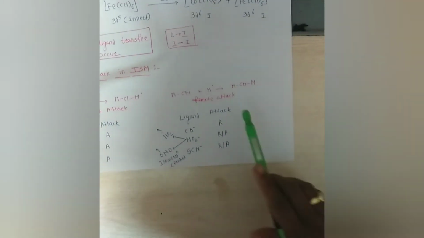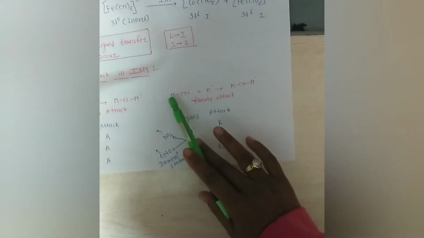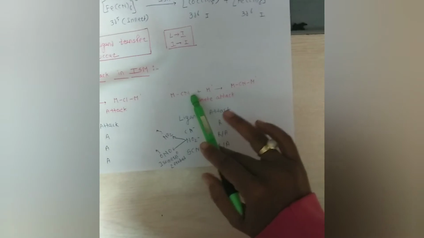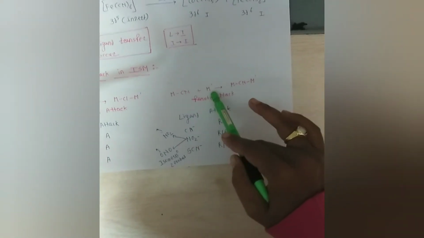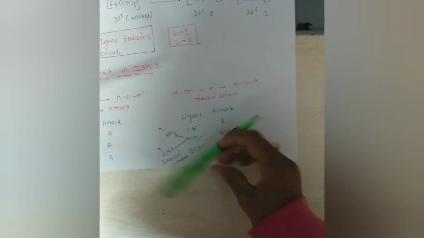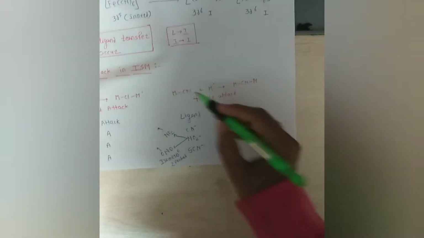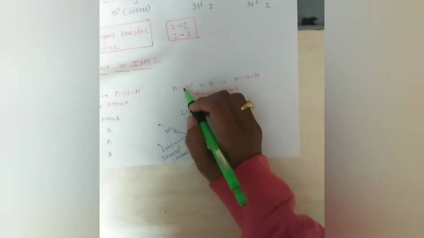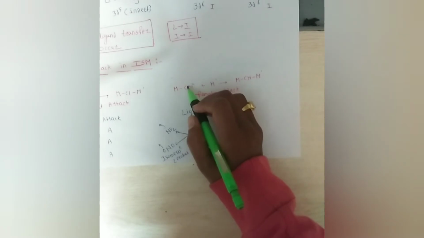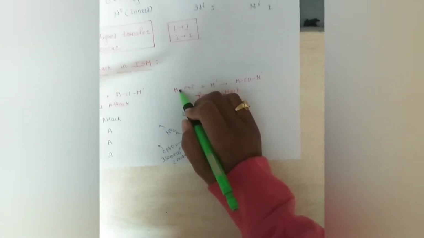Next, if we consider the metal and cyanide ligand attacking another metal, here the nitrogen atom carries the negative charge and the carbon electrons are involved in the formation of the metal carbon bond.